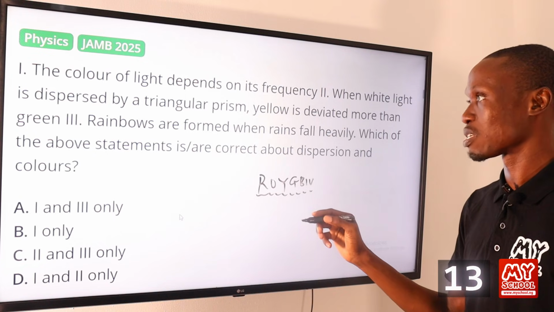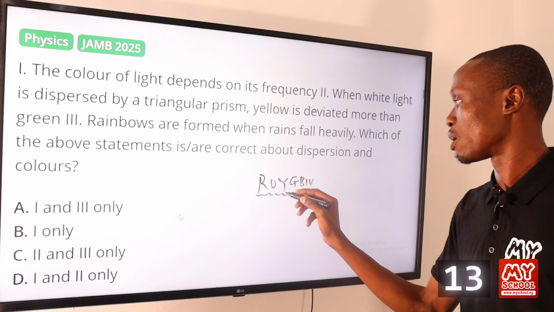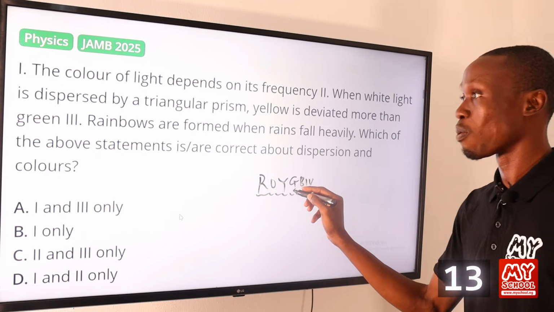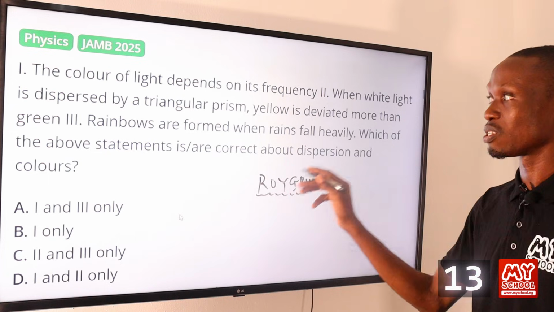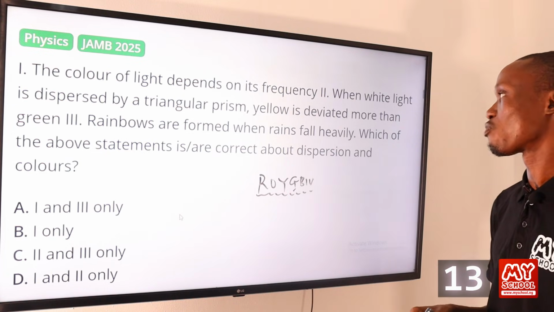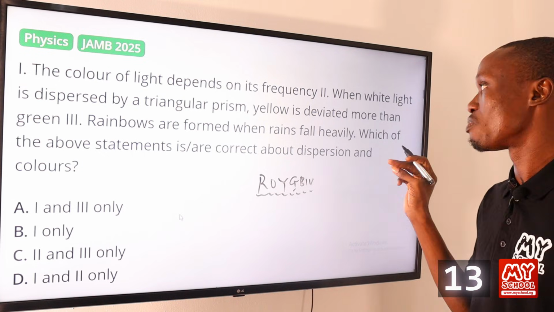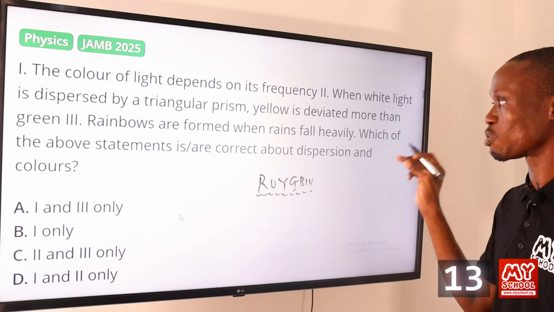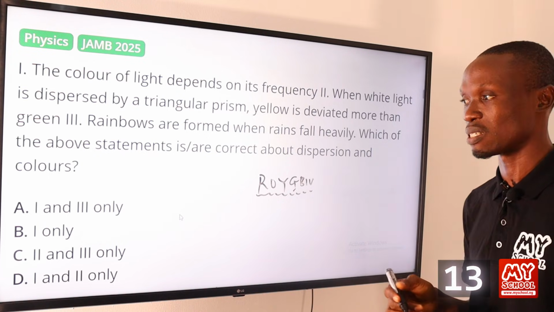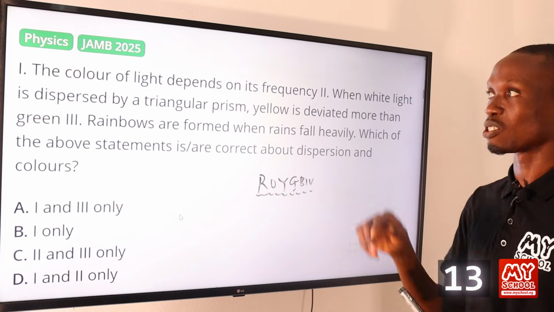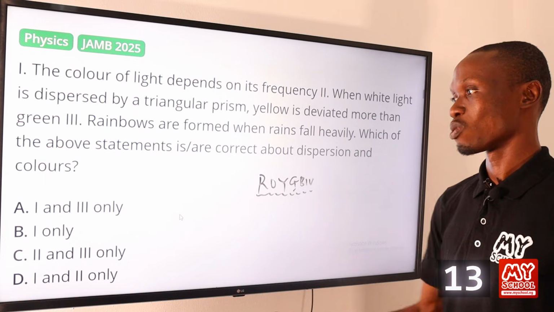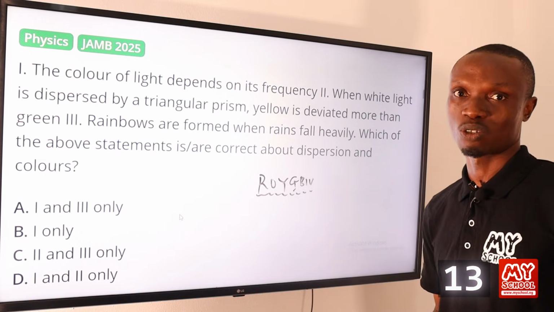No, yellow is not deviated more than green, but green is deviated more than yellow. Rainbows are formed when rains fall heavily? Rainbows are not formed when rain falls heavily. So the only statement that is true about dispersion and color is option B, that is I only. That is, the color of light depends on its frequency. So that makes option B the correct answer to this question.